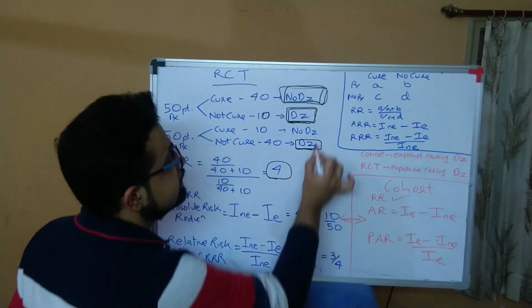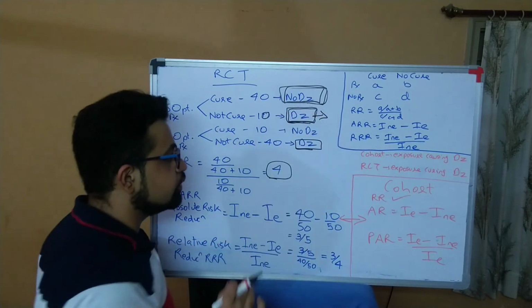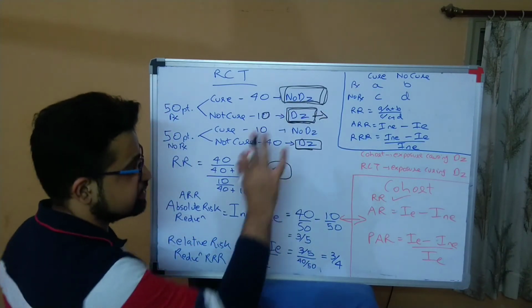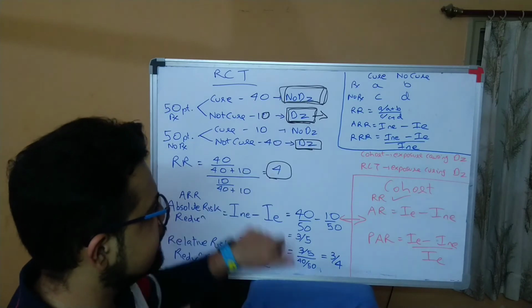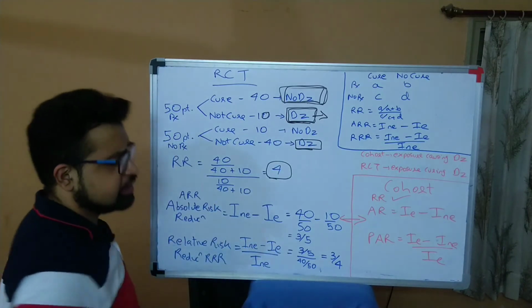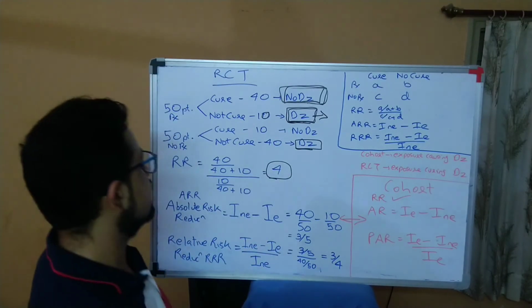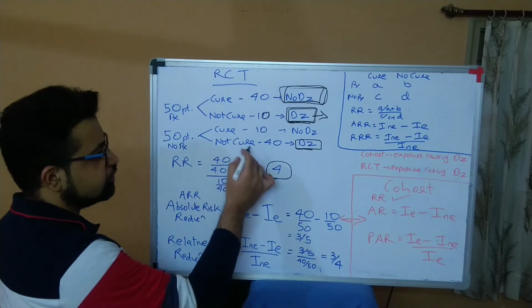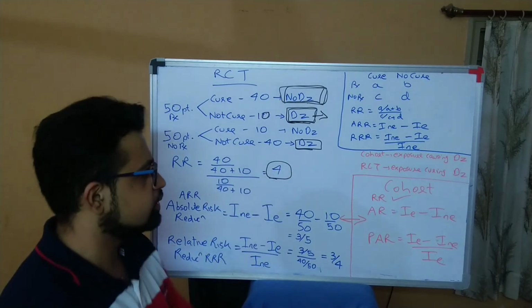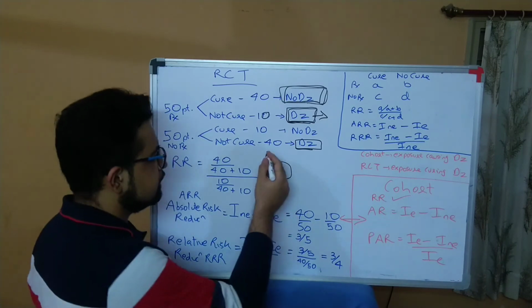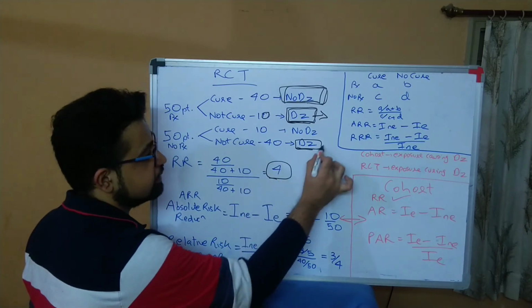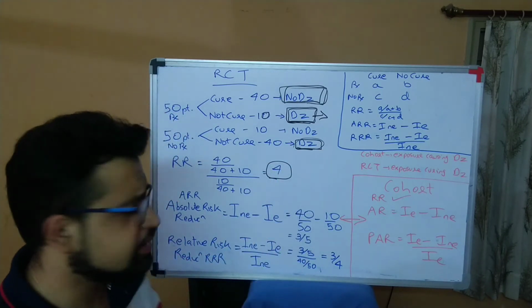Mark my words. This is what we are going to use in the calculation of incidence. We are going to take this at the end. The 50 patients to whom we did not give amphotericin were the control. Out of those, 10 people got cured, so they are not having the disease, and 40 people did not get cured, so they are having the disease.